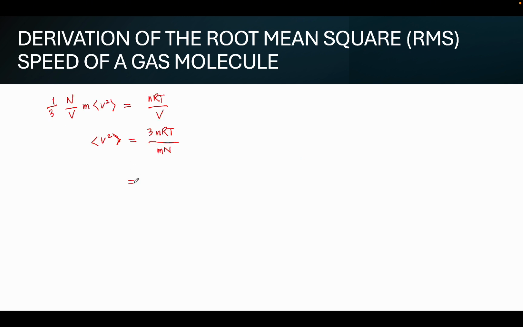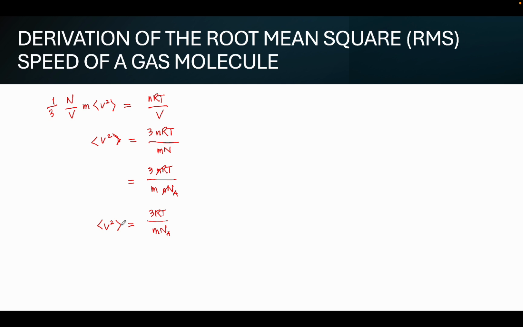So this becomes 3nRT over m times N sub A. So the small letter n cancels out, and what is left is 3RT over m times the Avogadro's number, N sub A. So this is v squared.